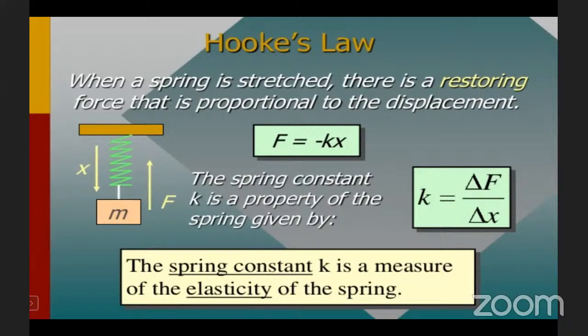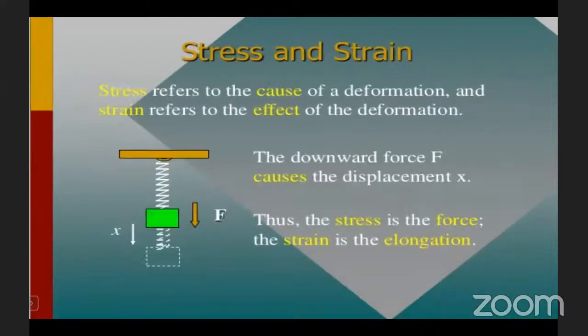The spring constant k is a property of the spring given by k equals del F by del x, where del means the change. The spring constant k is a measure of the elasticity of the spring.